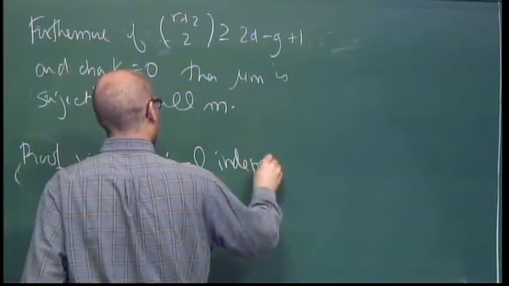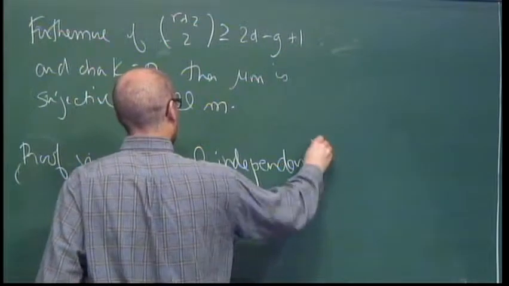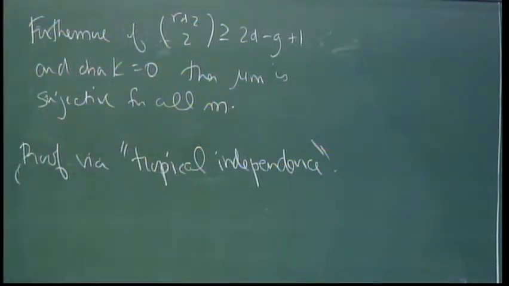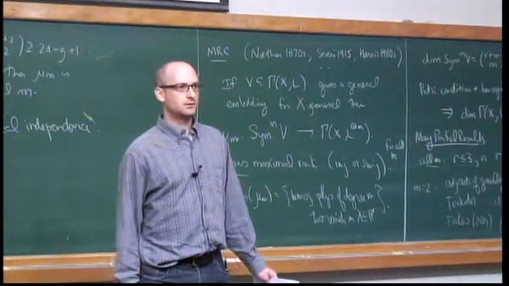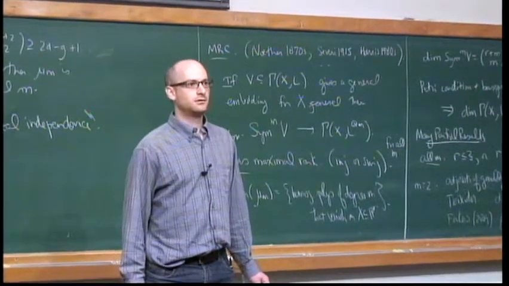So the technique of the proof is the tropical independence that Matt Baker talked about in his lecture course. So this combined with the work you mentioned about area shows m equals 2, that is true.